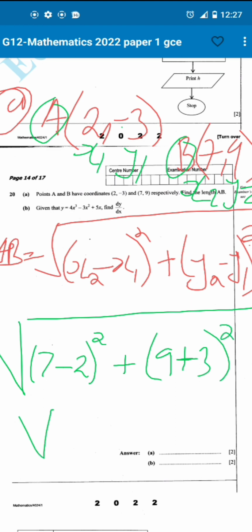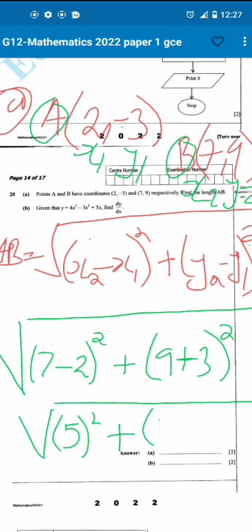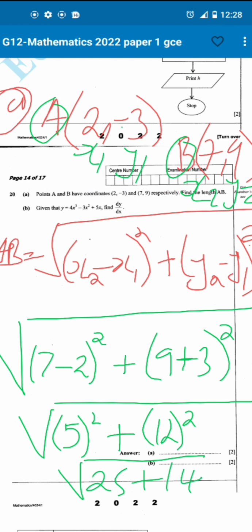From there, we say 7 minus 2, you get 5, which is squared, plus 9 plus 3, we get 12, which is squared. 5 squared is 25, meaning 5 times 5 gives 25, plus 12 squared, which is 144.